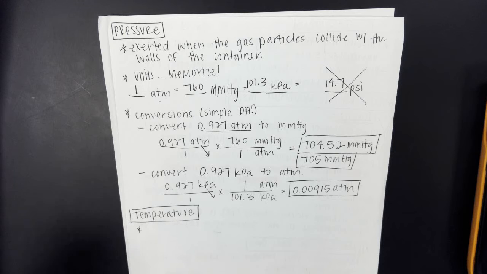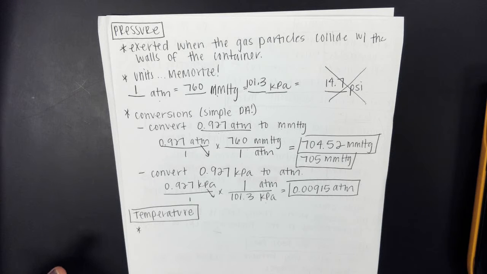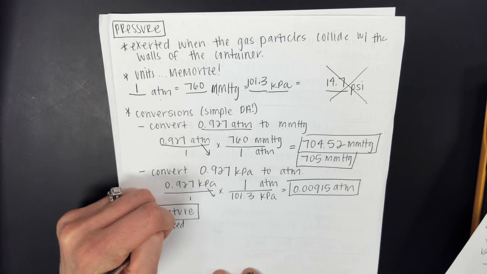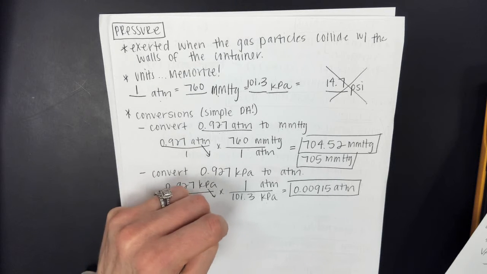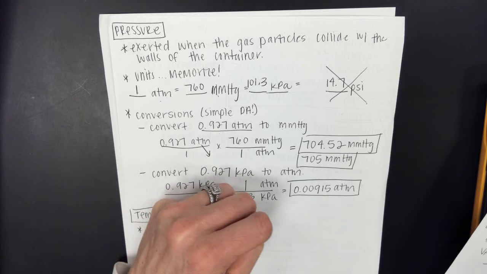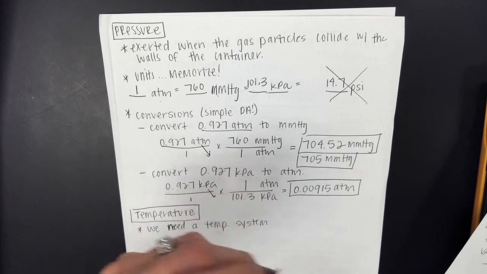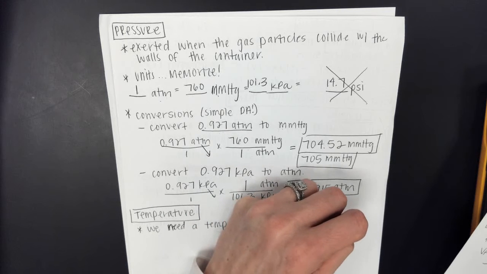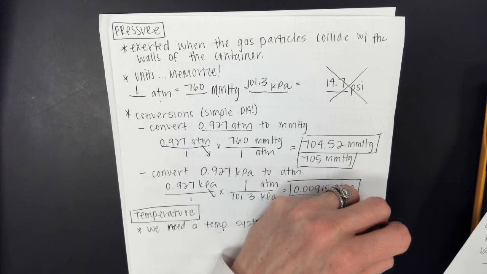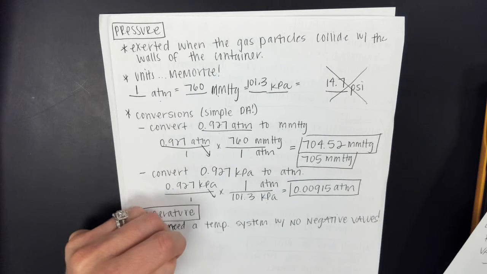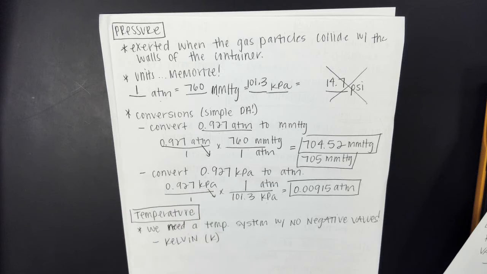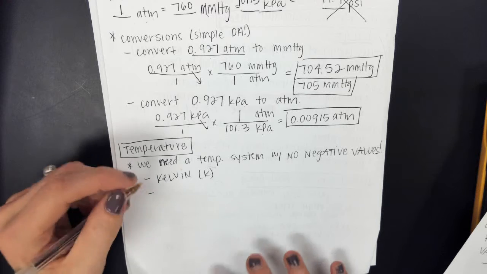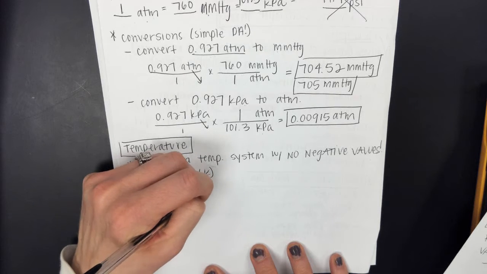Okay, we can't use Fahrenheit or Celsius for these problems because we need a temperature system with no negative values. So we use Kelvin, and we abbreviate it with the letter K. That is just equal to degrees Celsius plus 273.